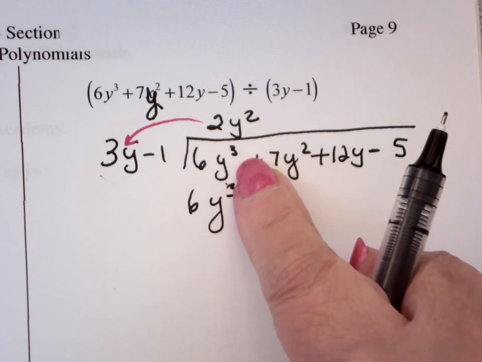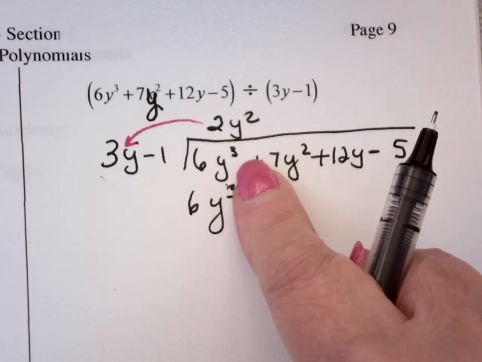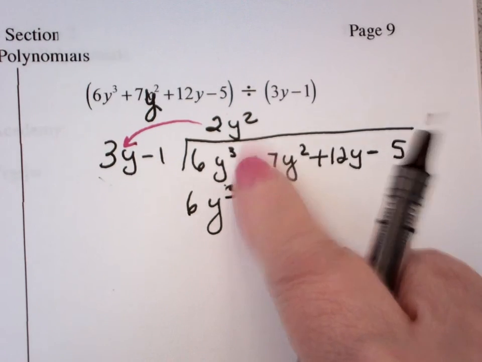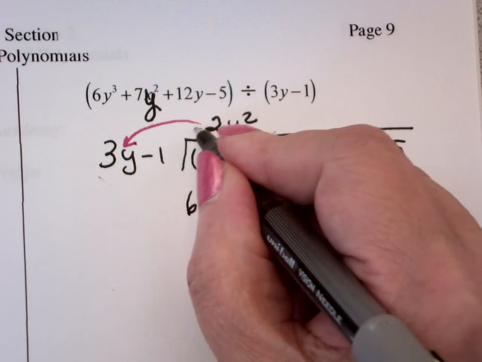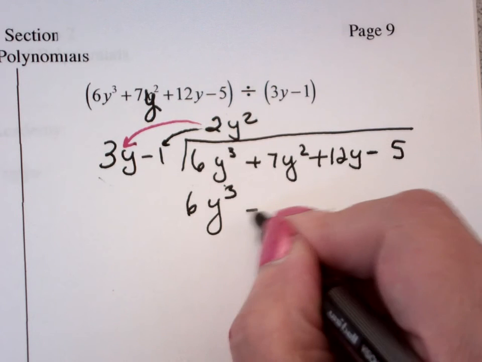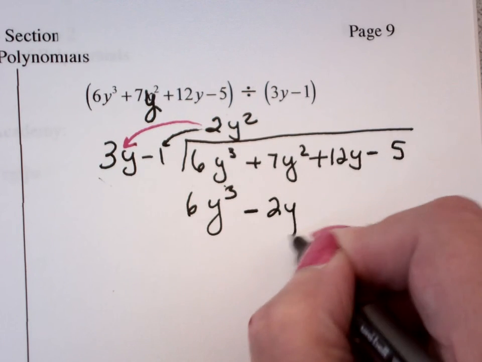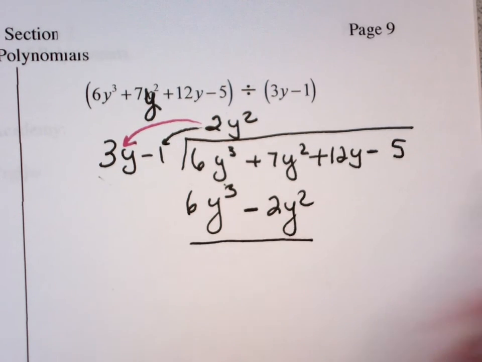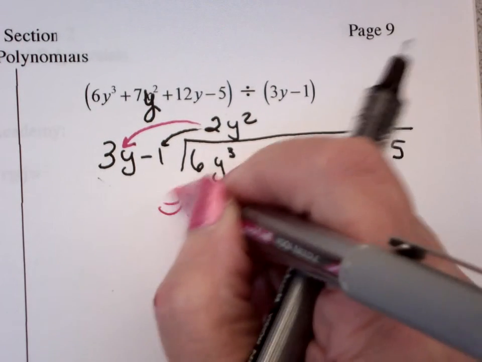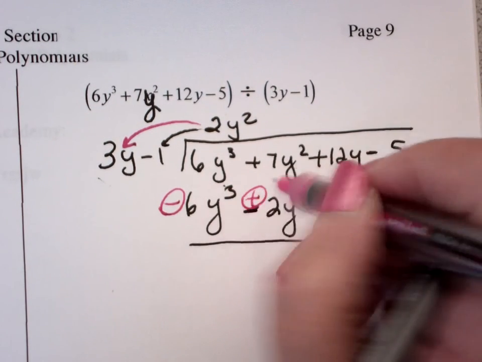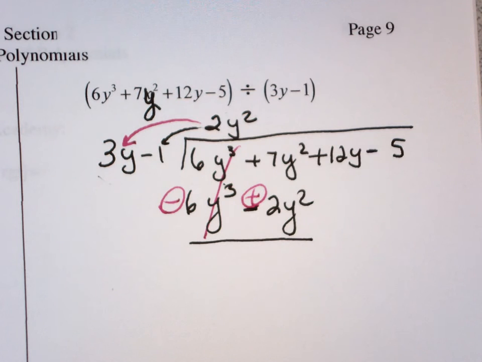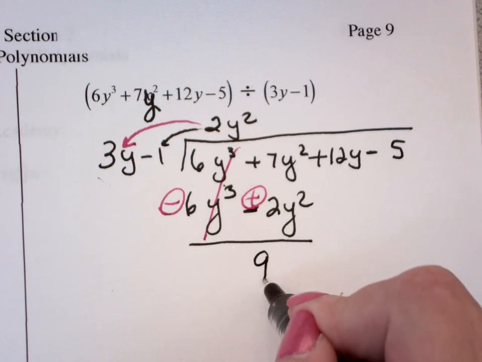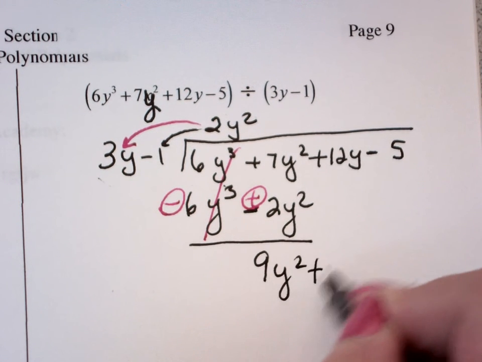It's the same as the one that's there, because when I subtract, it's going to go away. And then 2y squared times minus 1 is minus 2y squared. Then you subtract, which changes the sign, and both of them change. So it's 9y squared plus 12y.